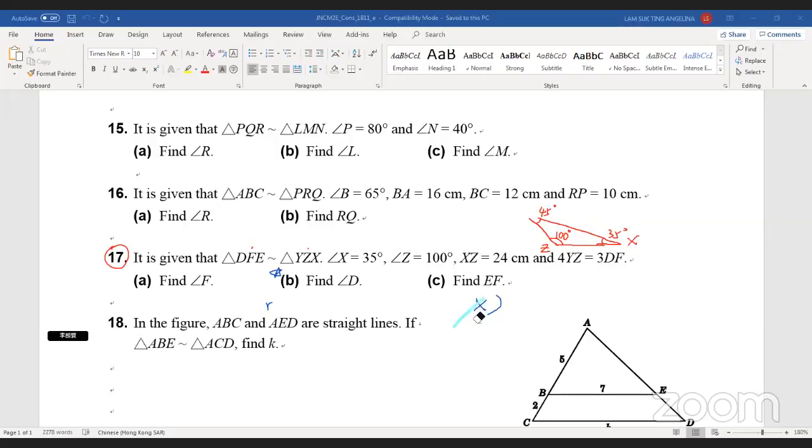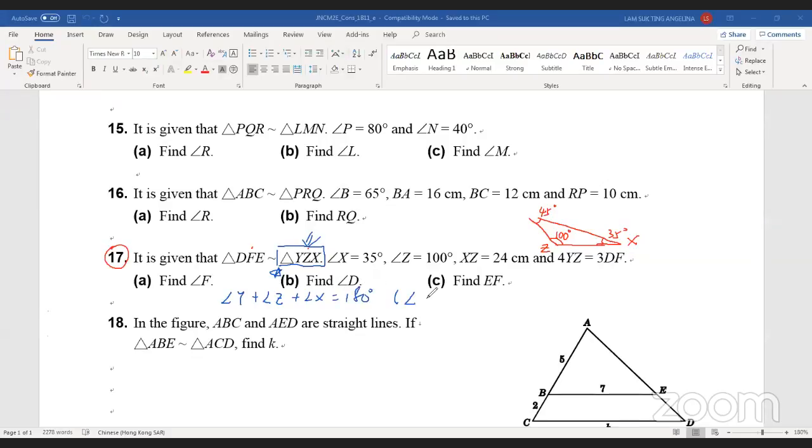Now, if you look at the information, we have information mostly about this triangle. Therefore, we make use of this triangle first. Then we have angle Y plus angle C plus angle X, which is 180 degrees. Why?